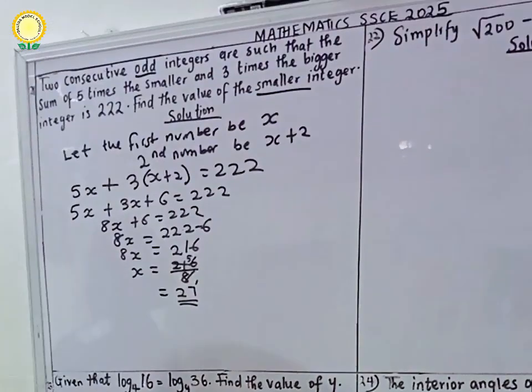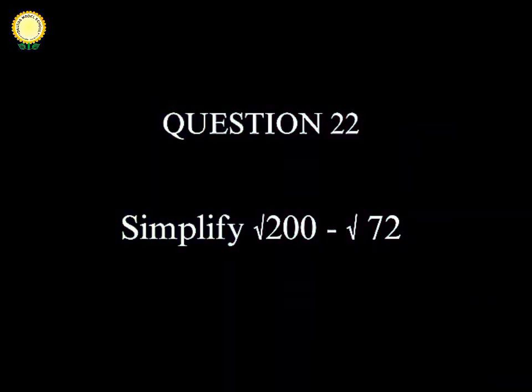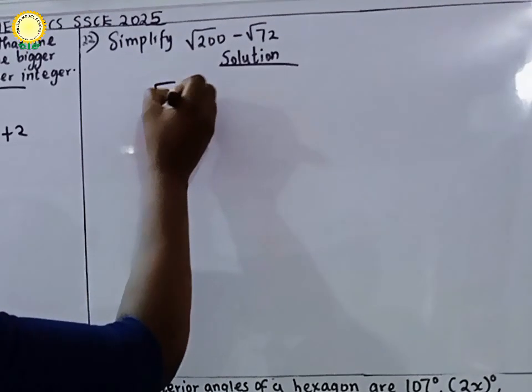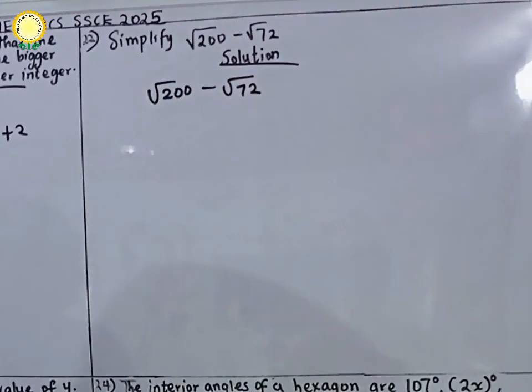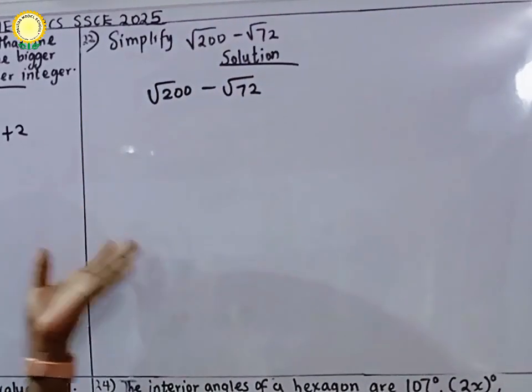Next question. Question 22. Simplify root 200 minus root 72. So let's write it out. Square root of 200 minus square root of 72. Okay, you are not allowed to use your calculator.